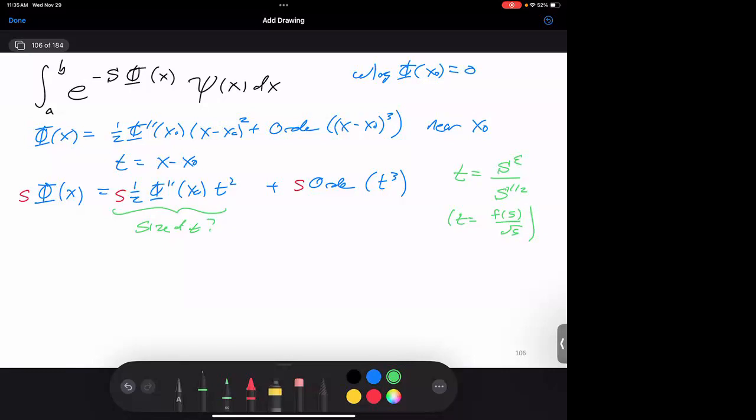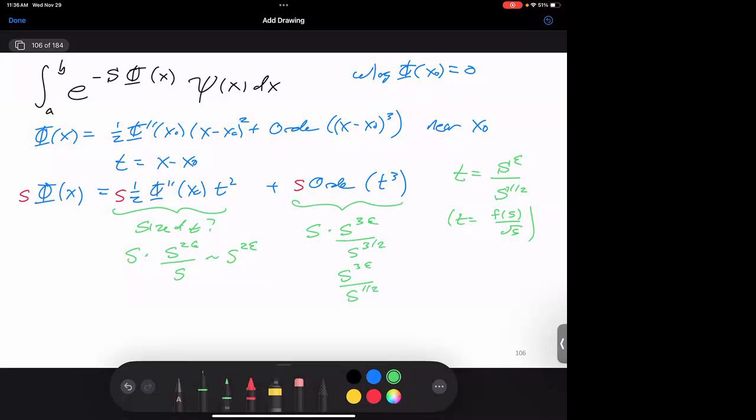All right, so what would the size of this be? This would be s times s to the 2 epsilon over s, so this would be of size s to the 2 epsilon. Okay, what about the other piece? This would be of size s times s to the 3 epsilon divided by s to the 3 halves, so of size s to the 3 epsilon over s to the 1 half.